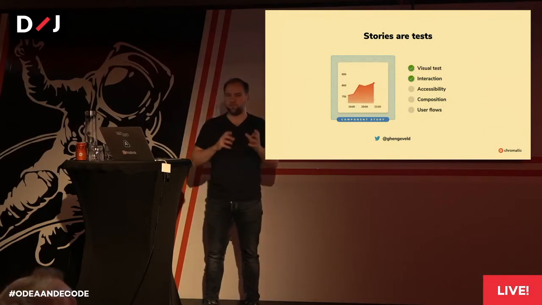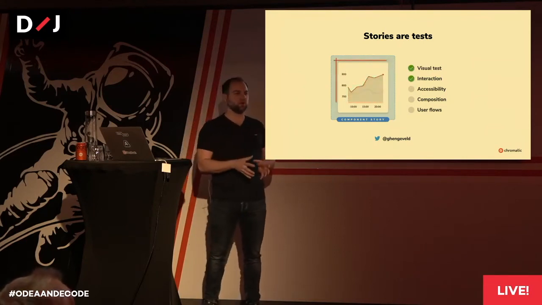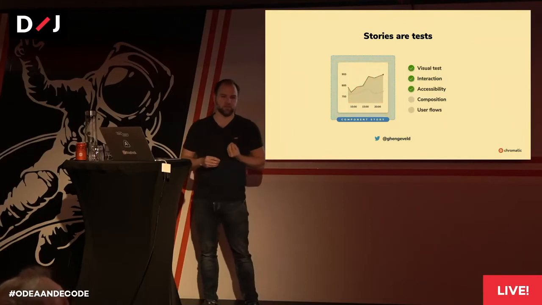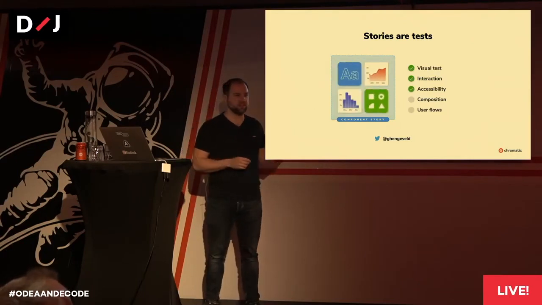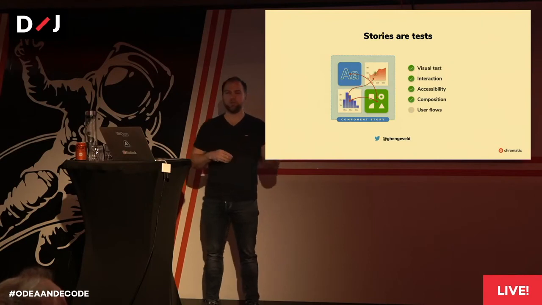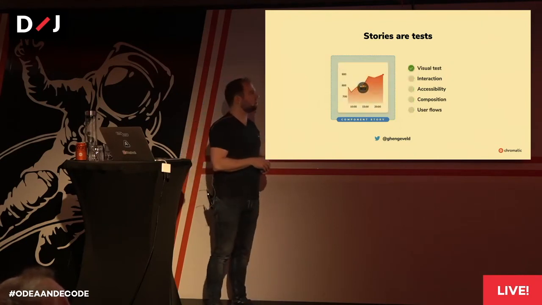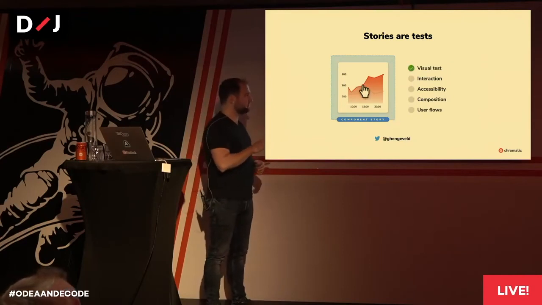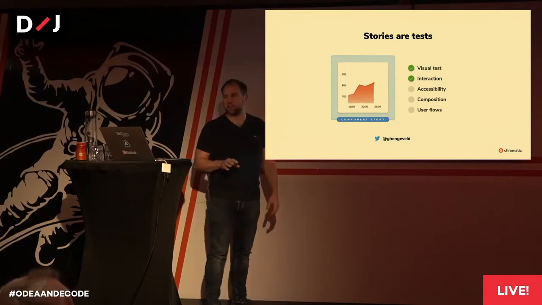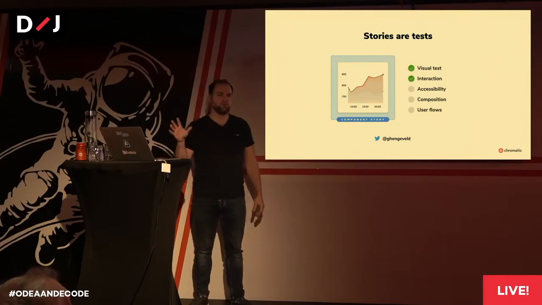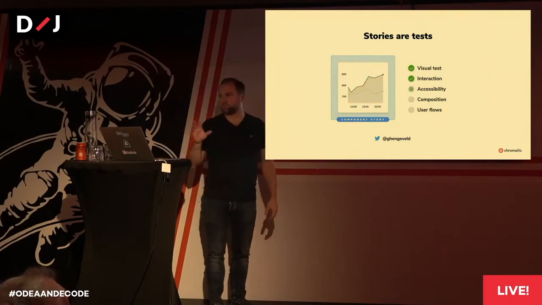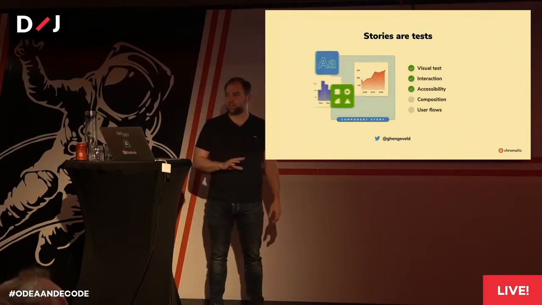But visually inspecting whether a component looks right is just one piece of the puzzle, right? And visual testing is what Chromatic does, by the way. We take those screenshots, remember? And then we compare them pixel by pixel over time. So that's covered. But what we are working on, and the first step there is interaction testing, is way more ways that stories are tests.